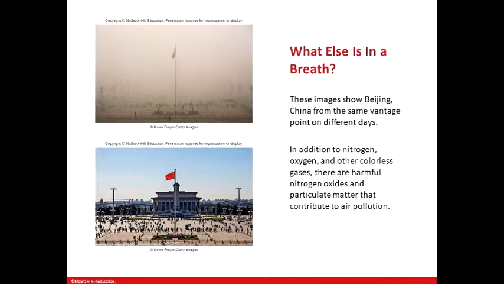And when we breathe it in, the NOx are converted to acidic compounds, basically nitric acid type compounds, and those are irritants to our lungs and to our internal respiratory system. So in addition to nitrogen oxide, there are other colorless gases, and you're going to learn more about what those colorless gases are that contribute to air pollution.